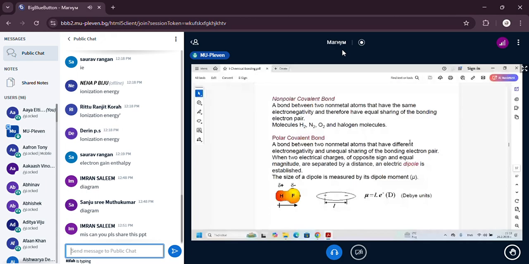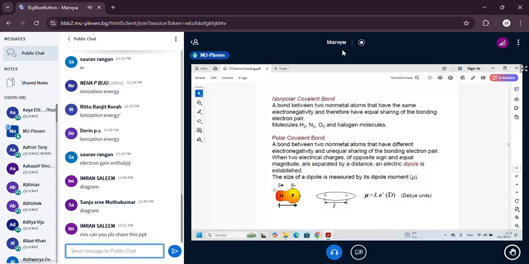And in such a case, we say there is a dipolar structure, or such molecules formed of two atoms having different electronegativities. These are named dipoles.